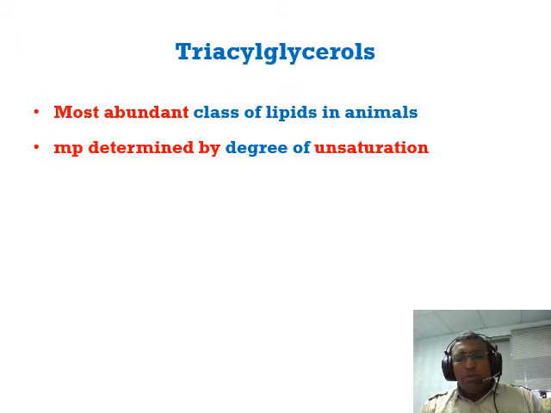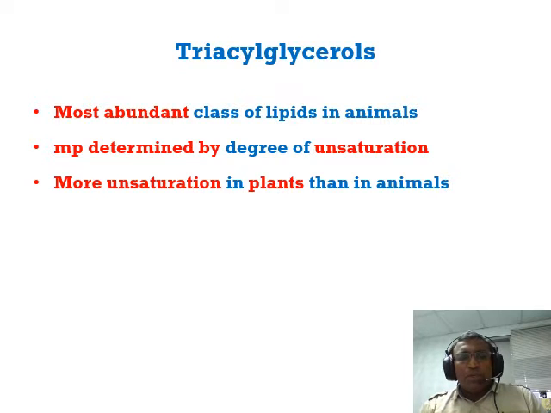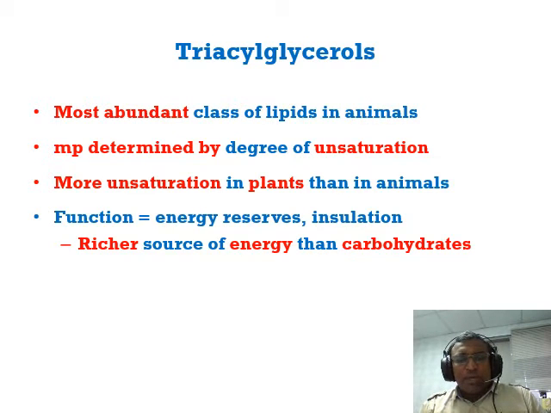The more double bonds included in the fatty acids of the triacylglycerol, the lower the melting point. Generally, plants have more unsaturation. That is why vegetable and plant oils are in liquid form rather than semi-solid, which is found for animal fat.